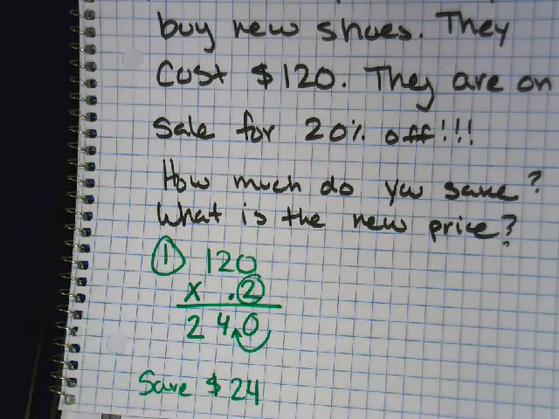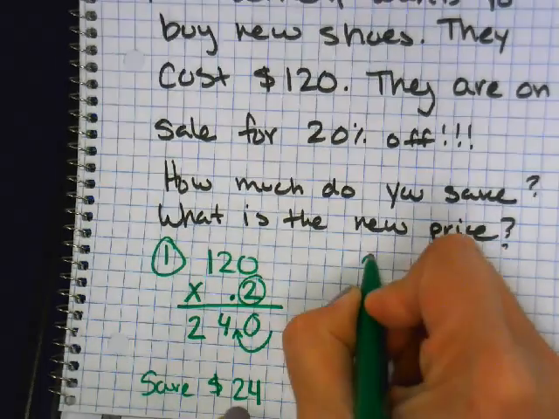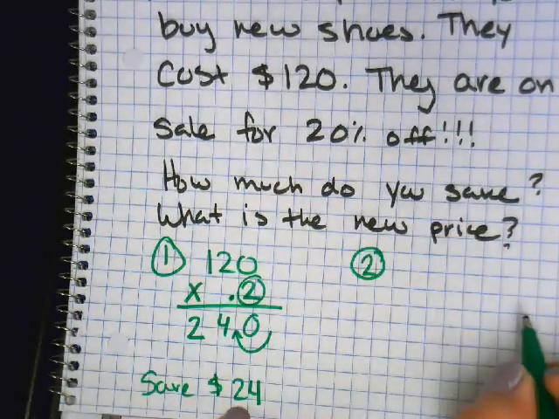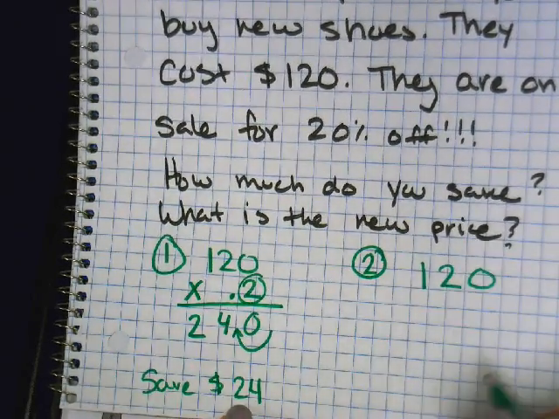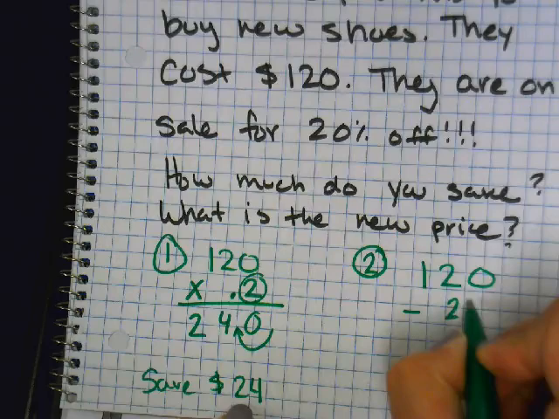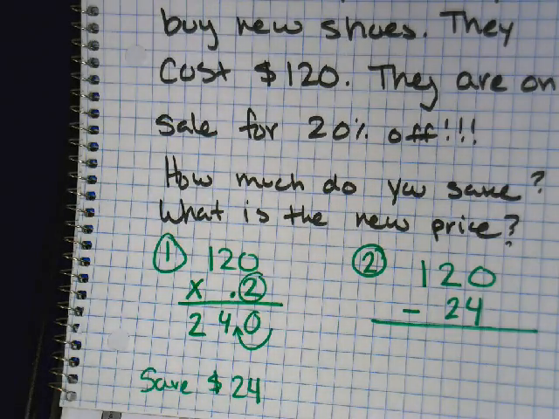All right. So my question was, how much do you save? $24. Now my second step, what do I do in my second step? You subtract the discount from the price. So my original price of 120, and I'm going to subtract the amount I'm saving, which is 24. Borrow.